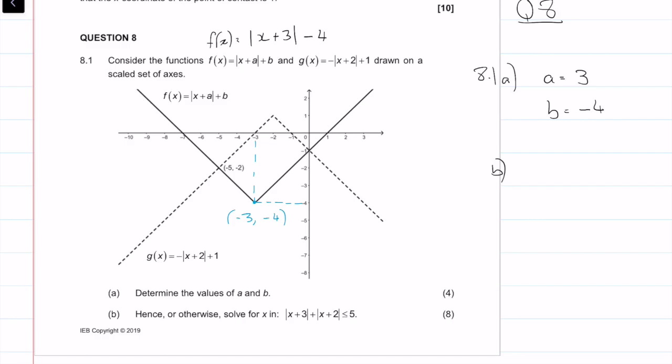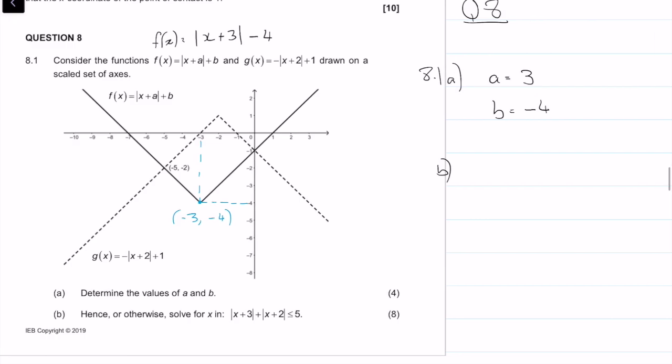Hence, or otherwise, solve for x in this inequality. You might be uncertain how to go about this, but let's start off by just rewriting what we're asked to find: absolute value of x plus 3, plus absolute value of x plus 2, greater than or equal to 5. Now I have two graphs given to me, f of x and g of x.